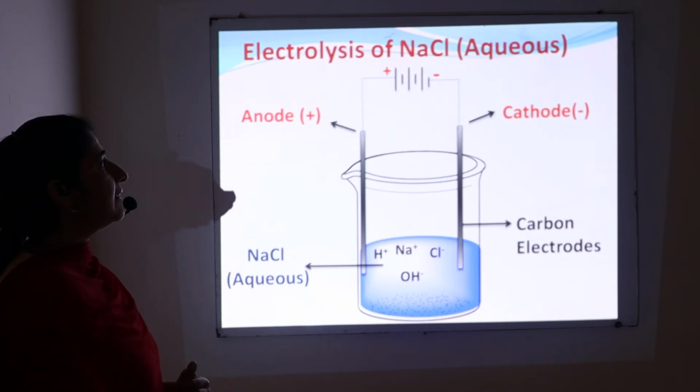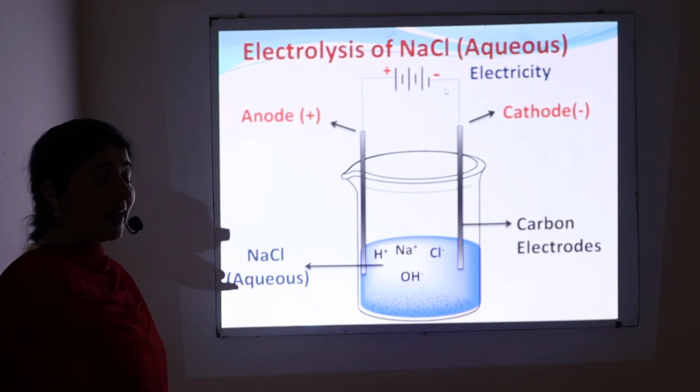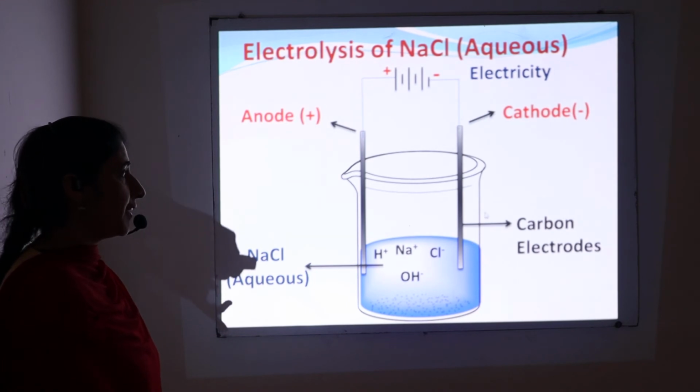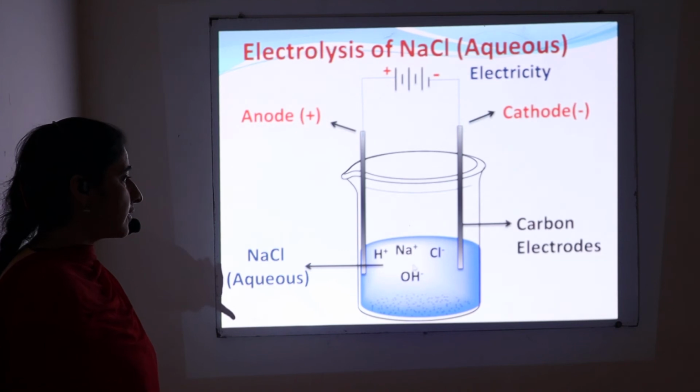After passing the electricity, the positive ions, the sodium ion and hydrogen ion, move toward the cathode, and the negative ions, the chloride ion and hydroxyl ion, move toward the anode.